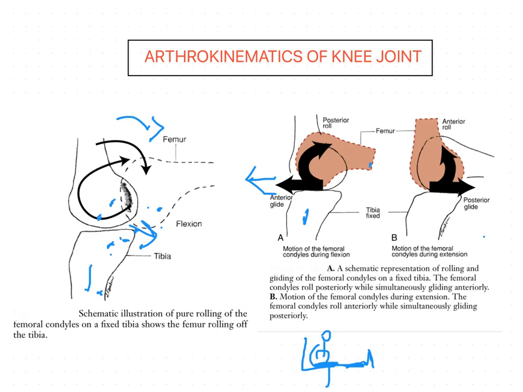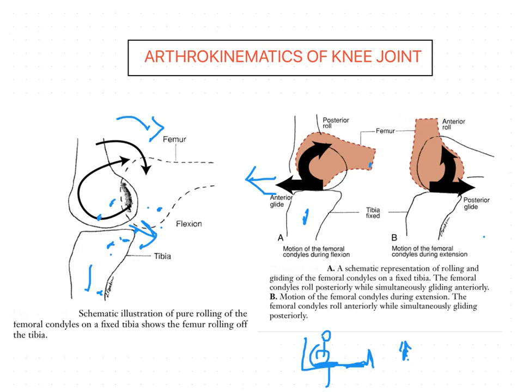Also in the swing phase of gait, when the person is moving in the gait cycle, we can study the swing phase in detail. In this case, the movements are somewhat different.